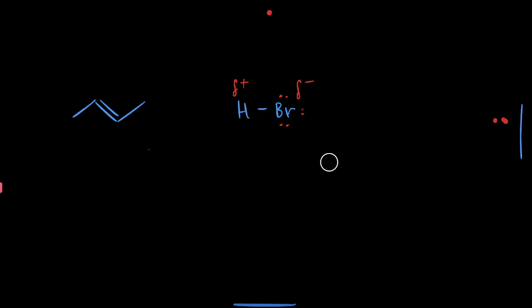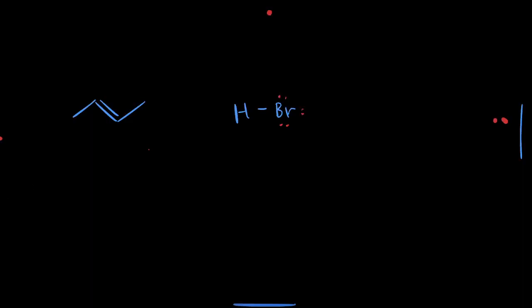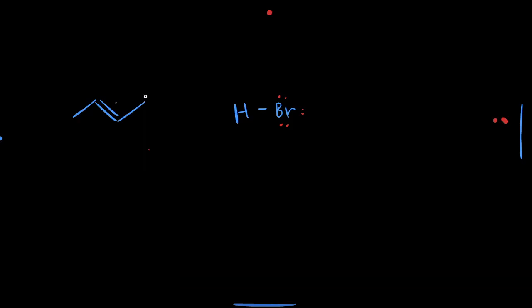So what do we see happening? Let me redraw that. What we'll see happening is these nucleophilic pi electrons are going to go and attack the partial positive hydrogen.